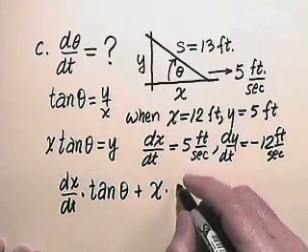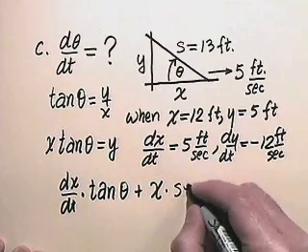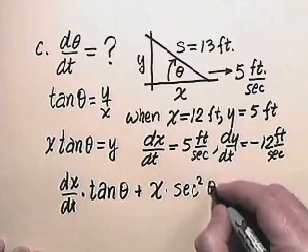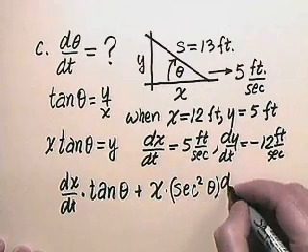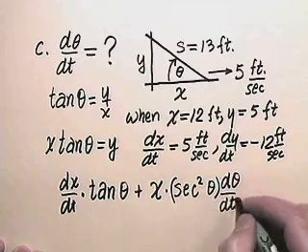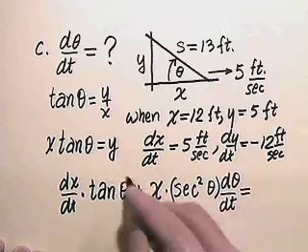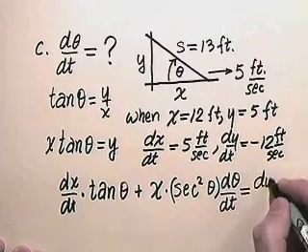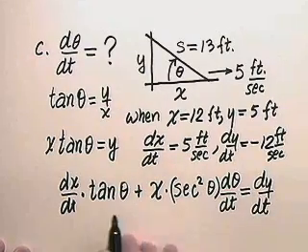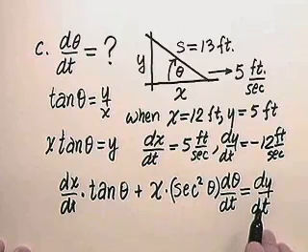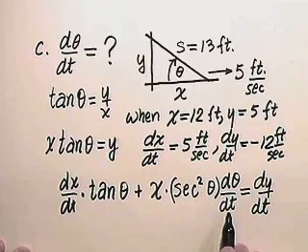So the derivative of tangent is secant squared, so we get secant squared of theta, but then the chain rule tells us we have to multiply by d theta/dt. And that all equals the derivative of the right side, which is simply dy/dt. Now at this point, we know everything in this equation except for the d theta/dt.